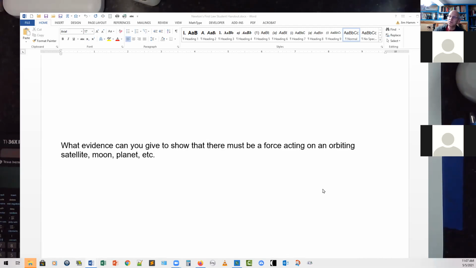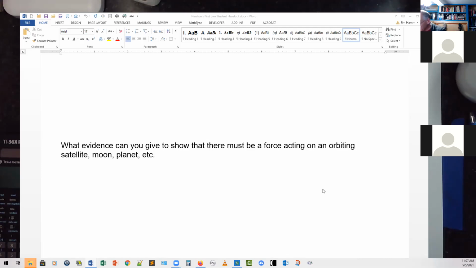It would keep doing whatever it's doing, okay? Which in this case, you have to look at it at some instant. At some instant, an orbiting object has a velocity in a particular direction. And if there was no force acting on them, they would continue to move in that direction forever.